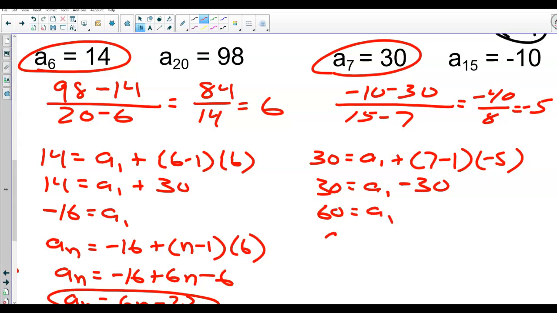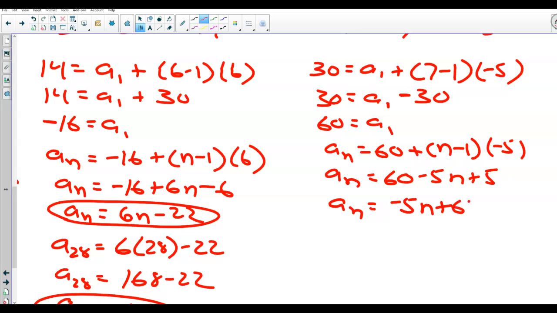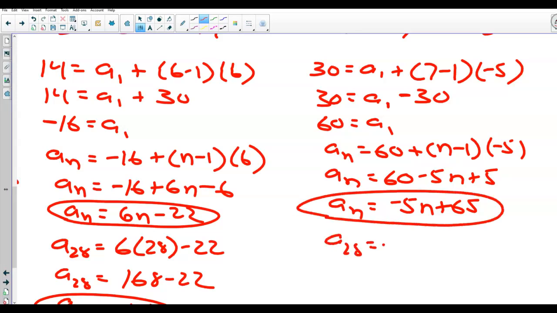So now, a_n equals 60 plus (n minus 1) times a negative 5. Those signs do matter. a_n equals 60 minus 5n plus 5. So a_n equals negative 5n plus 65. Okay? And then that's our rule, we're going to plug in 28 for n.